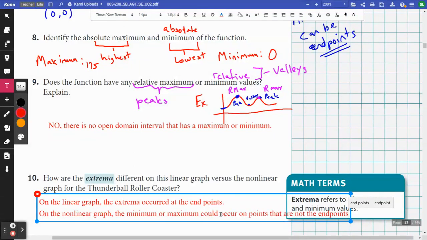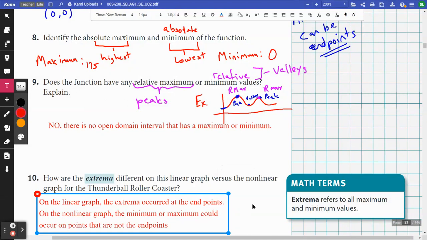What that means is just like here, our maximum for that first one occurred in the middle of the roller coaster. Think about that. Where is the tallest part of a roller coaster? The tallest part of the roller coaster is, of course, the top of it.